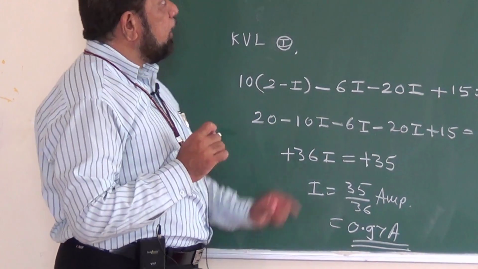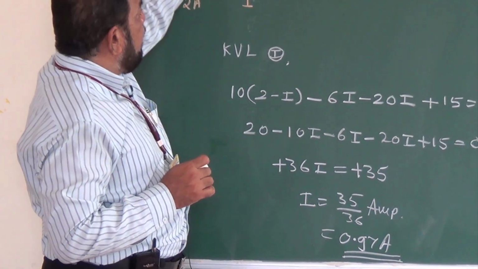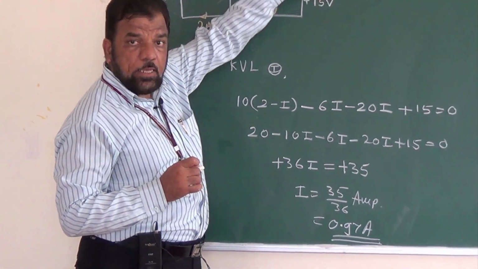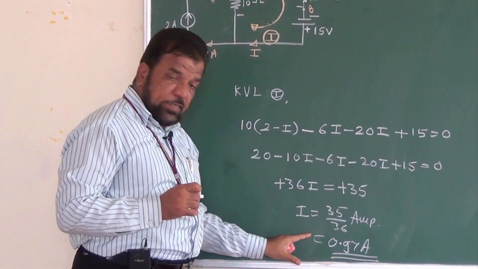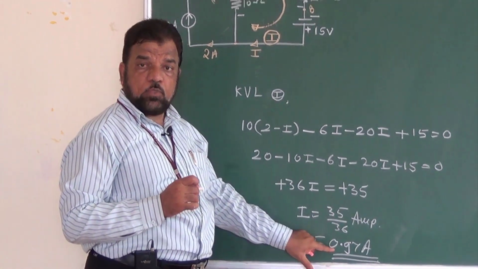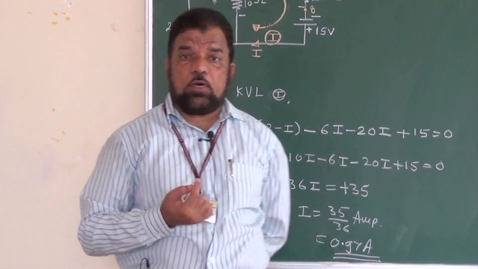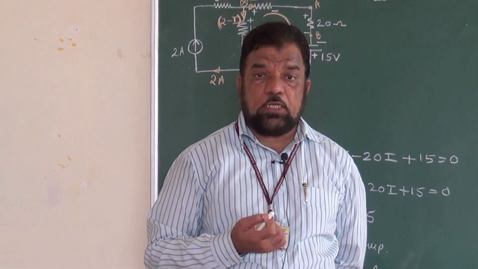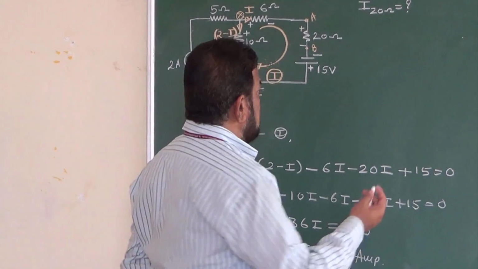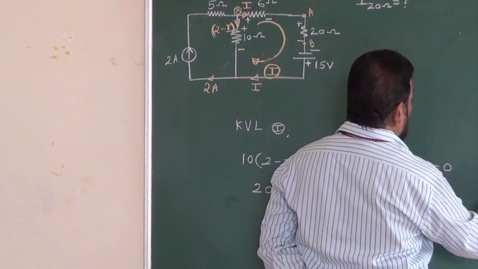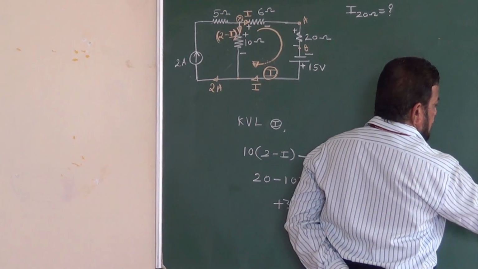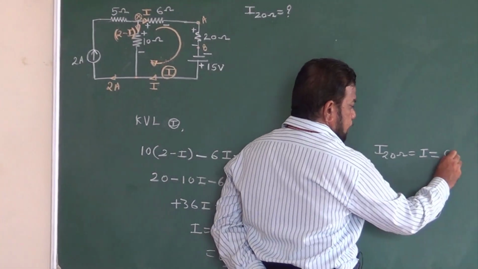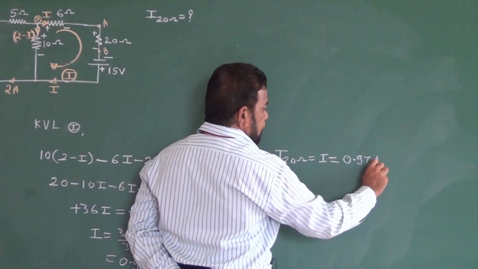Now look at the current direction. Now the current we have assumed like this, I. So its meaning is, since my final answer is positive, whatever the current direction I have assigned, that current direction is correct. Okay, that means I will conclude the current flowing through 20 ohm, which is nothing but I, is nothing but 0.97 ampere.